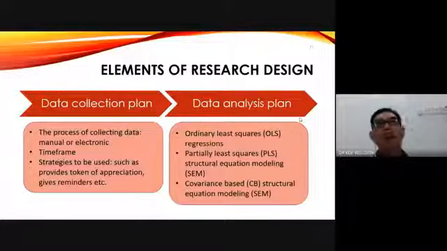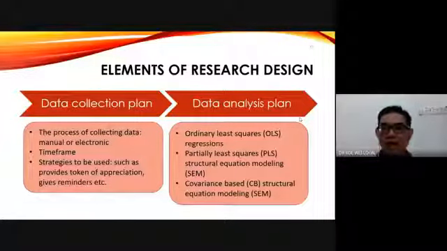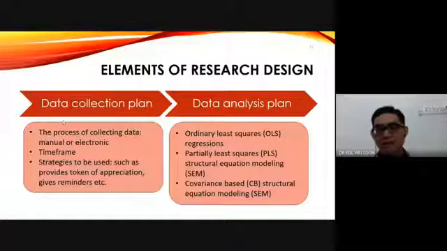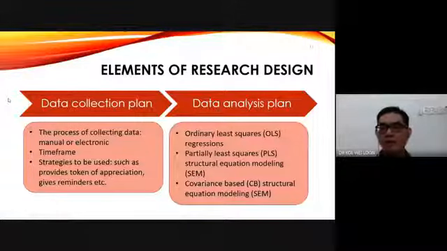So the last one is about this data collection plan and data analysis plan. My students, some of them, they don't know how to write for this data collection, what to write. So in this data collection plan, you need to write down, for example, how are you going to collect the data?